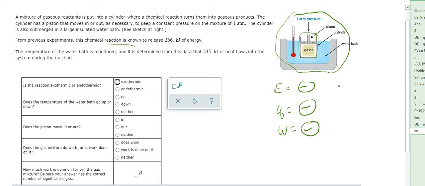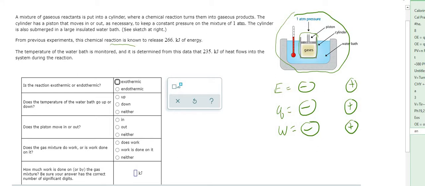That is, if energy comes into the system, then the sign is positive. If heat comes into the system, then the sign is positive. And if work is done on the system by the surroundings, then the sign is going to be positive. Now let's think about that piston.